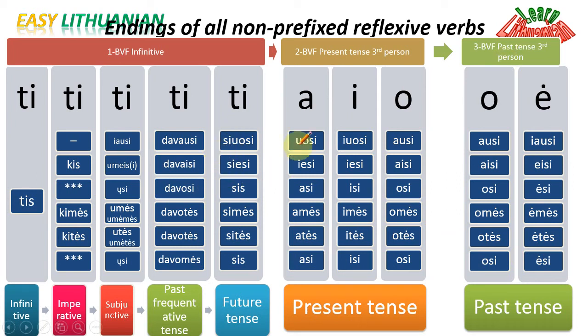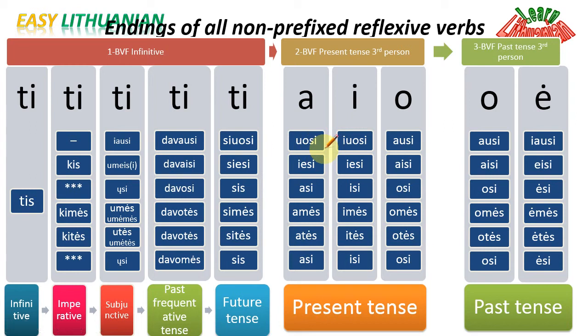for the first and second person singular, there are also some changes. If the ending is o, for example, aš dirbu, I'm working, if the verb is reflexive, o changes to the diphthong o. Well, with this verb, there's no reflexive verb for that.